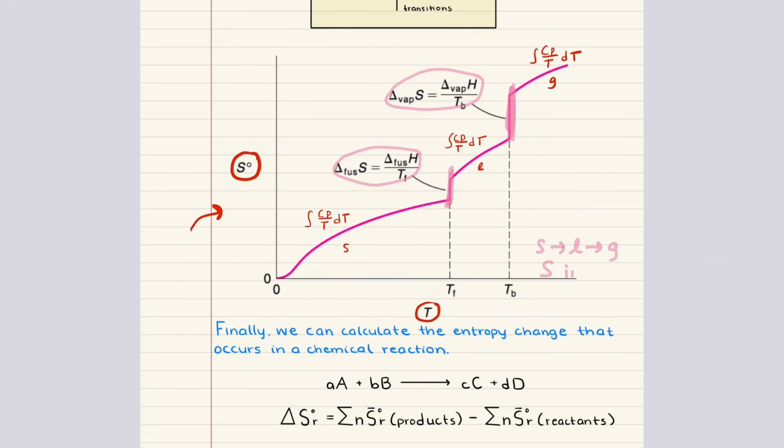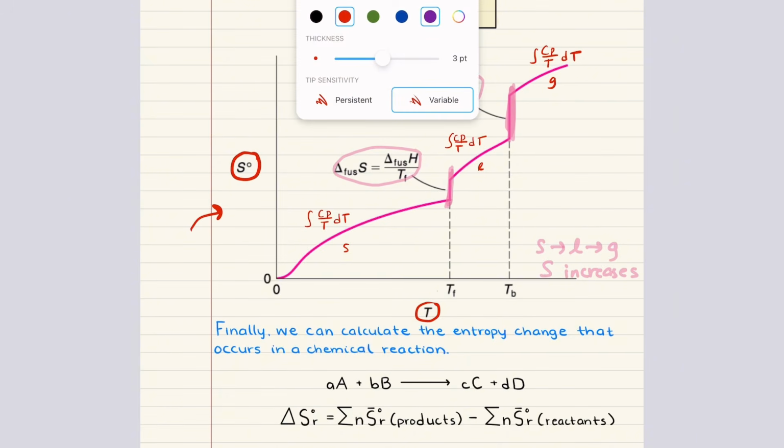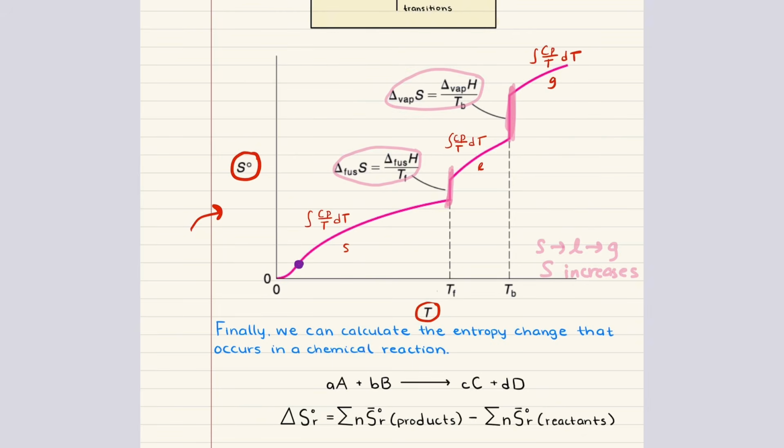And put together, the general recipe for the absolute molar entropy at some temperature T, you can get that by treating each segment appropriately that you pass through.